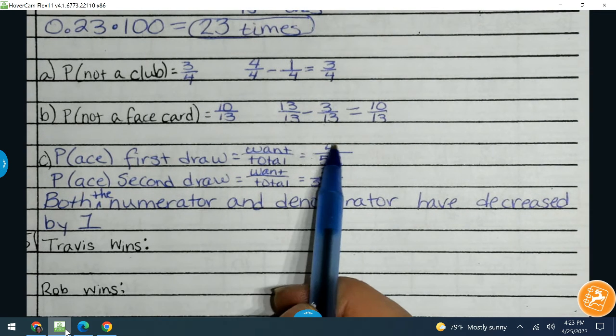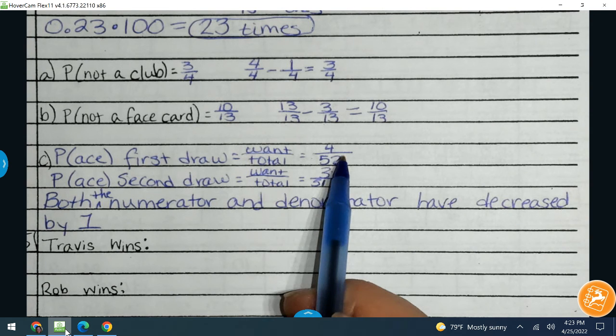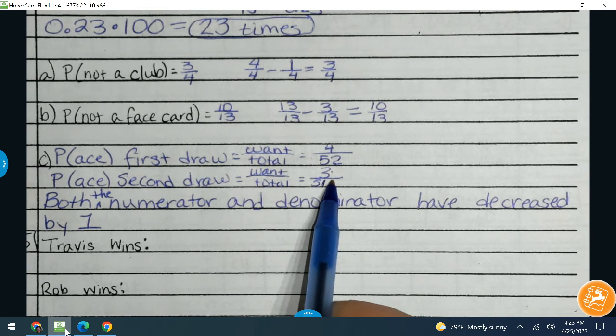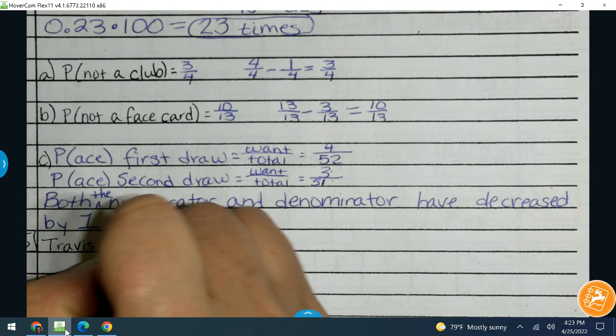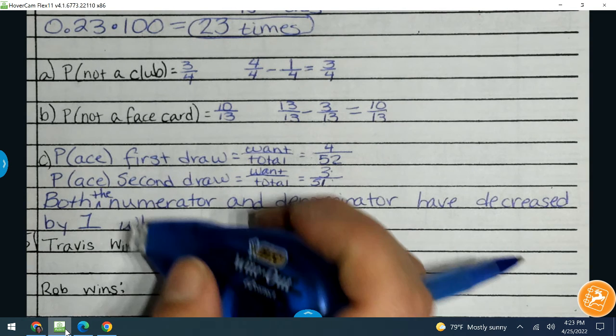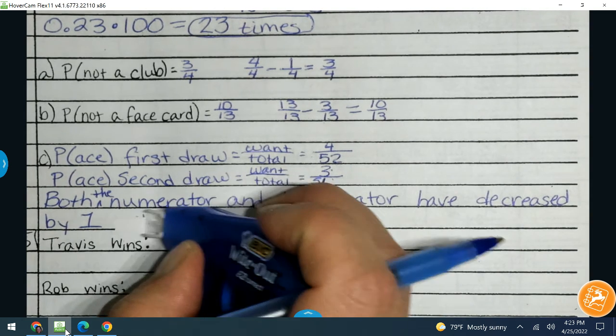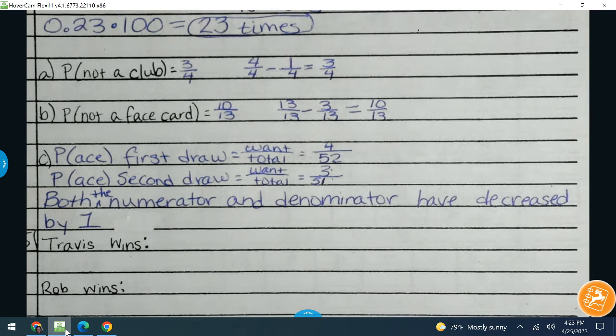So you can see right there, we have 3, and then we have 51. And all of that was because we didn't replace that ace.